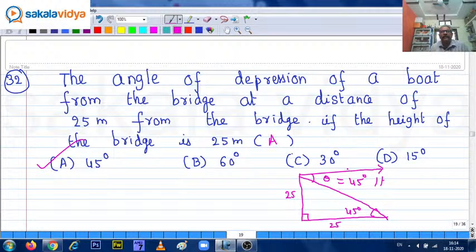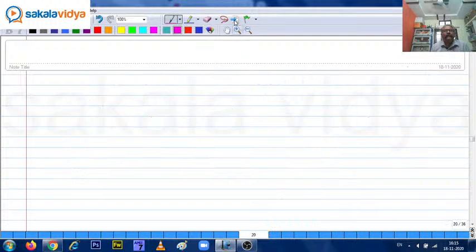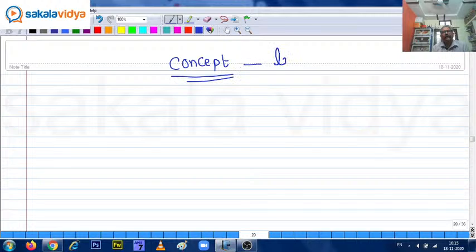So let me explain one concept before concluding this session. It is an important concept. It will be useful to solve typical problems, level 2 problems. Suppose a ship is there, and on either side there are two boats.